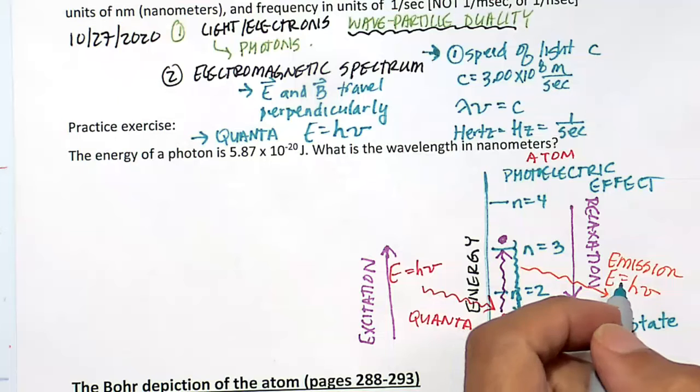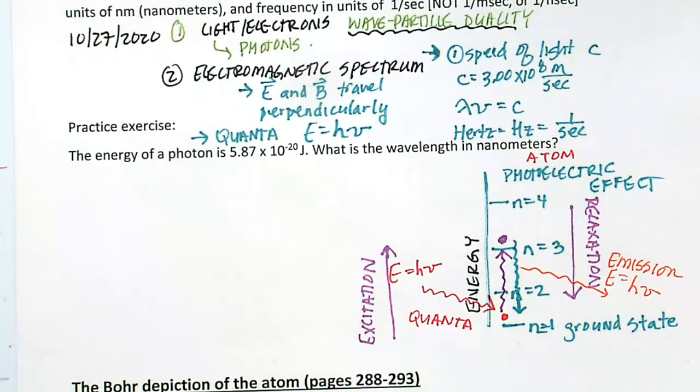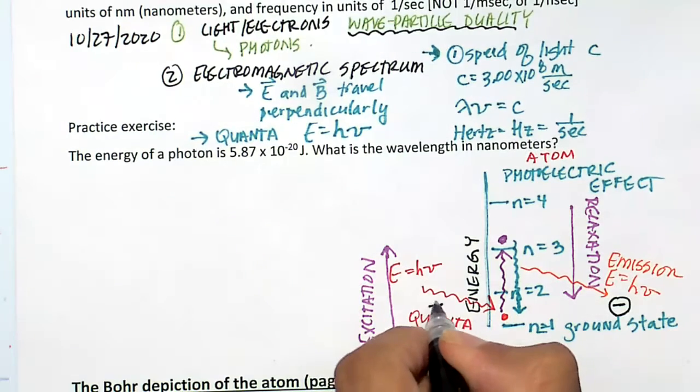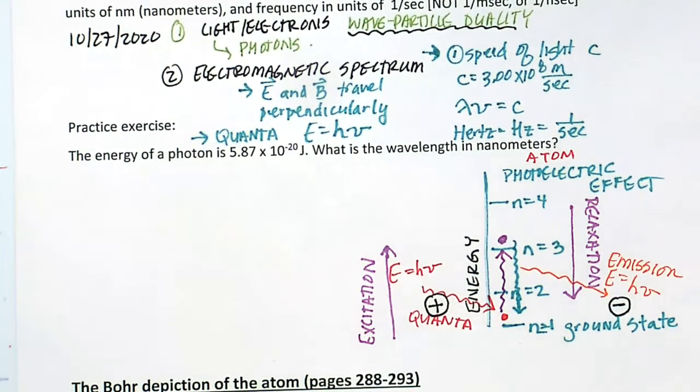As it emits energy, what do you think the sign will be, positive or negative? It's emitting, so it's going to be negative. Very good. If you're exciting, hitting it with a quanta, what do you think the sign is going to be? It's going to be positive, because you, or whomever, is literally exciting it with a quanta.